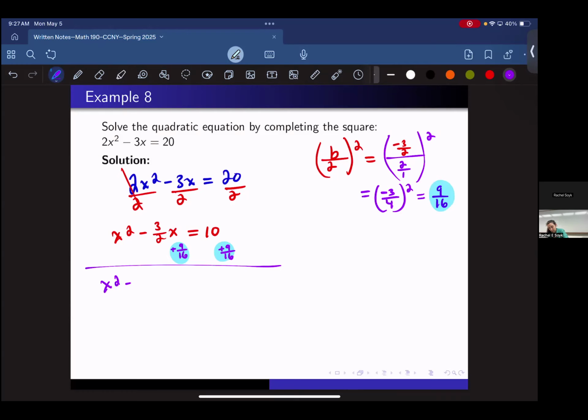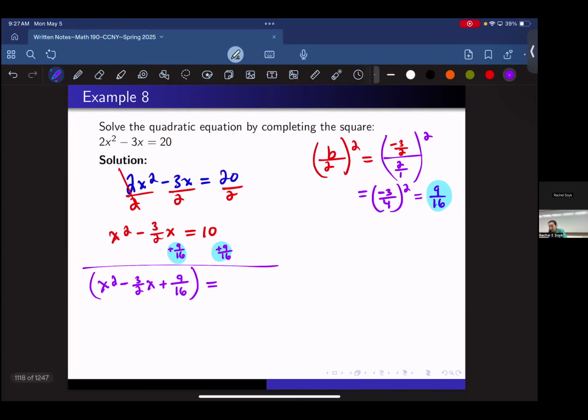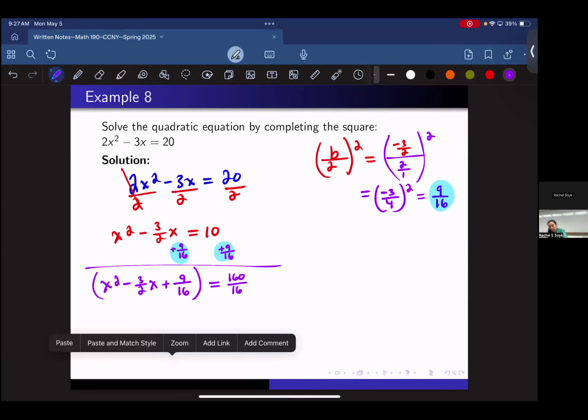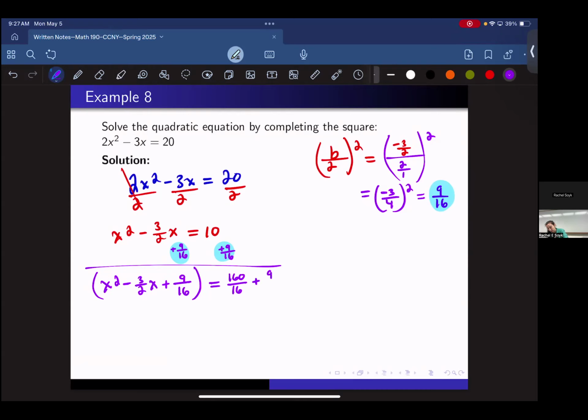So we're looking at x squared minus 3 over 2x plus 9 over 16 on the left-hand side. The right-hand side, 10 is the same as 160 over 16, and then we have plus 9 over 16.